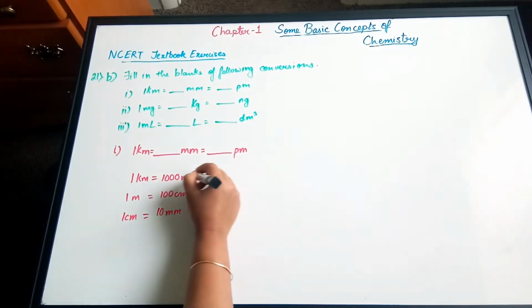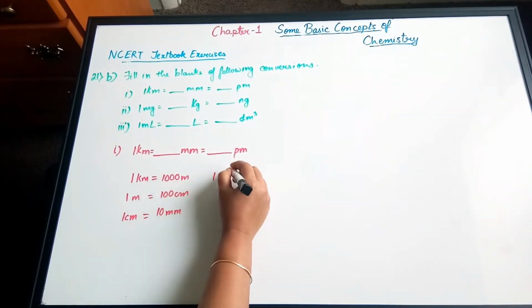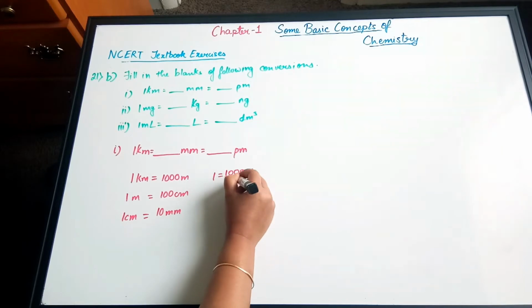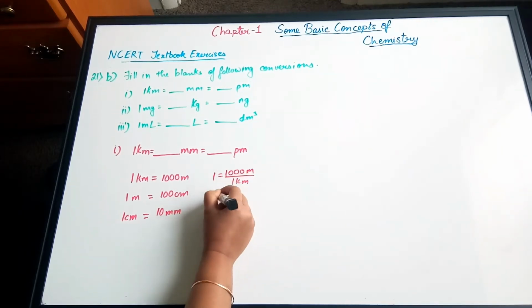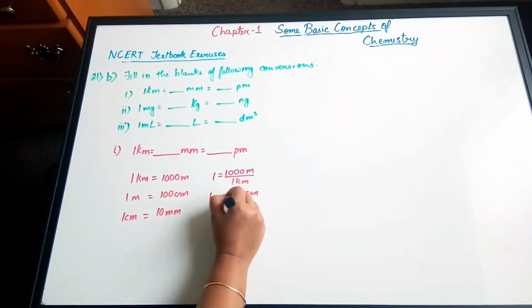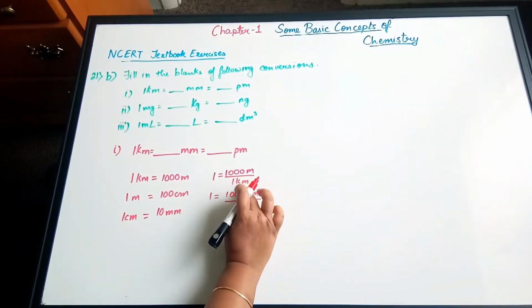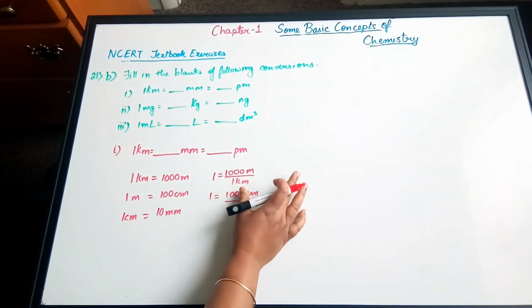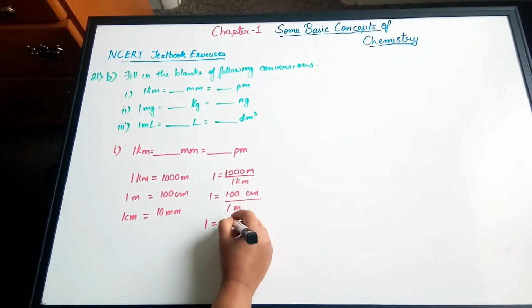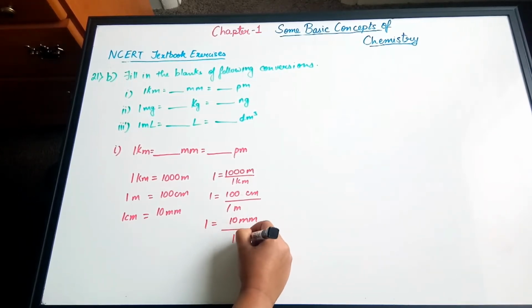So the unit conversion factors will be 1000 meters divided by 1 kilometer, 100 centimeters divided by 1 meter, and 10 millimeters divided by 1 centimeter.